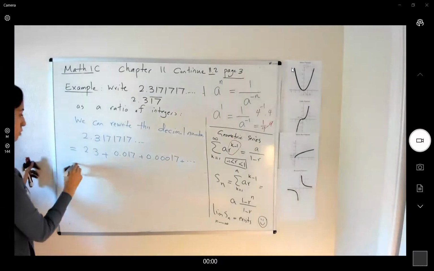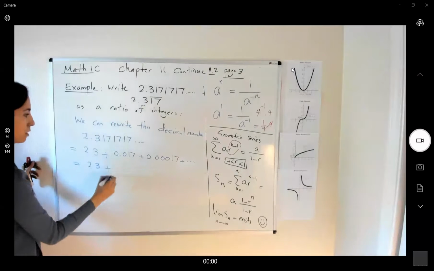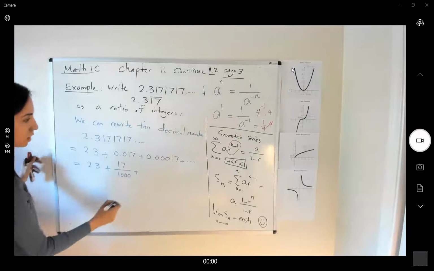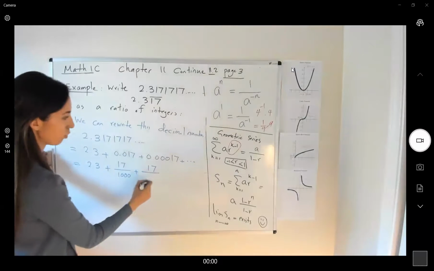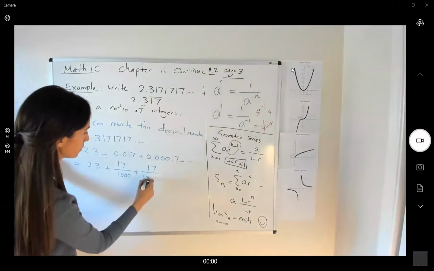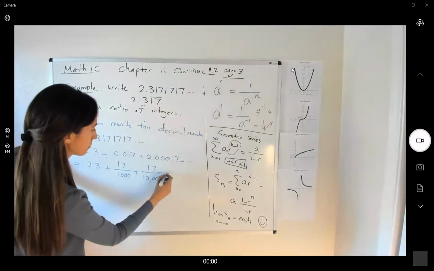Here you have 2.3 plus 17 over 1,000 plus 17 over 10,000, plus the rest.